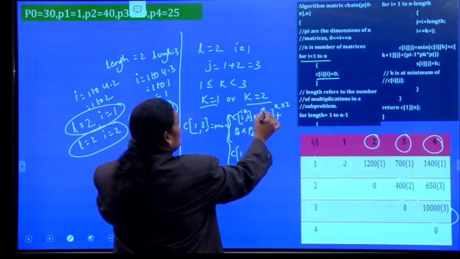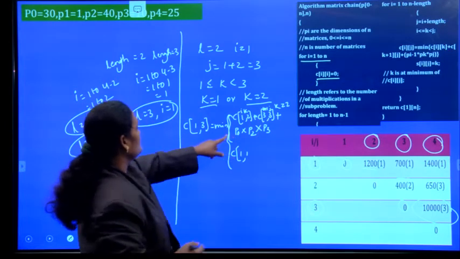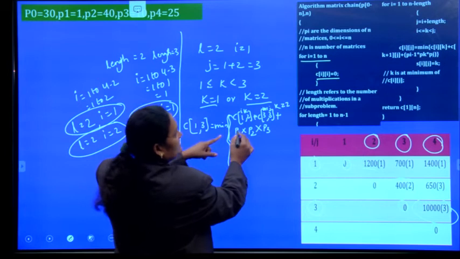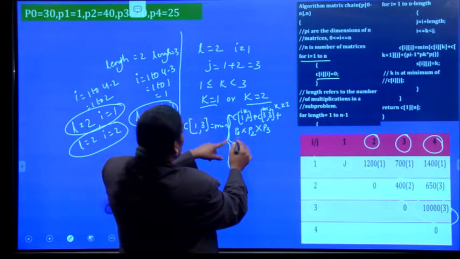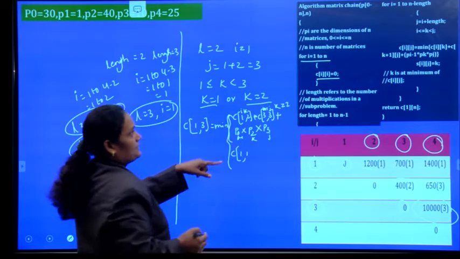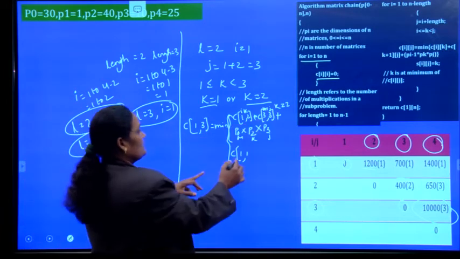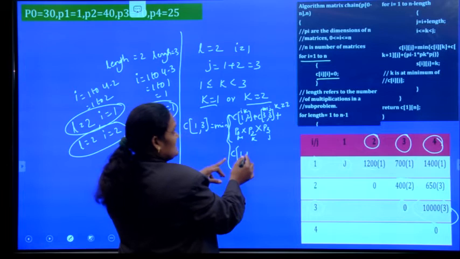Here this is k plus 1, this is j. Here I taken k value, here this becomes pi minus 1, p0, pk, p2. Here this is I minus 1, this is k and this is j. Okay. Now here I taken k value as 2. Now here I am going to take k value as 1. That is Ik.